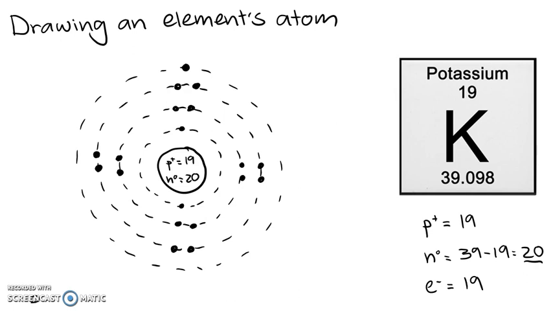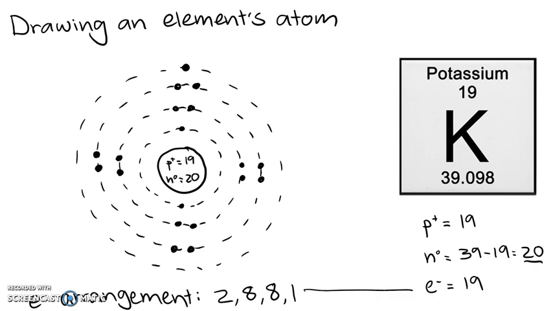And we can summarize that by writing the electron arrangement. So the number of electrons in each shell: 2, 8, 8, 1. And that brings us up to that total of 19 we needed.